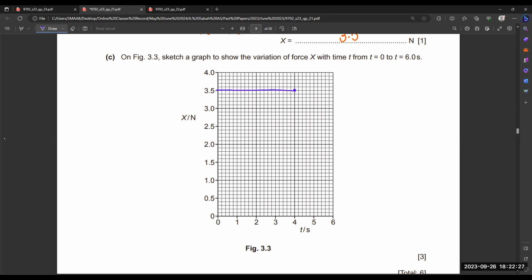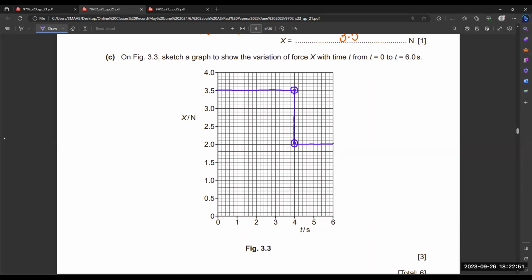Till 4 seconds, and finally 2.0 after 4 seconds, right? Clear? Any confusion? So this is it, or do you have to draw the line?